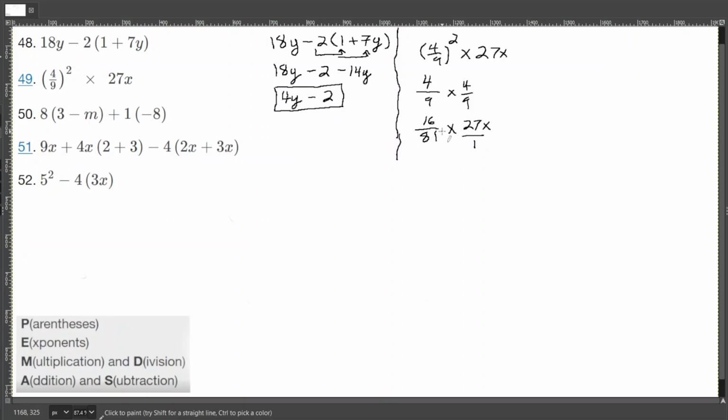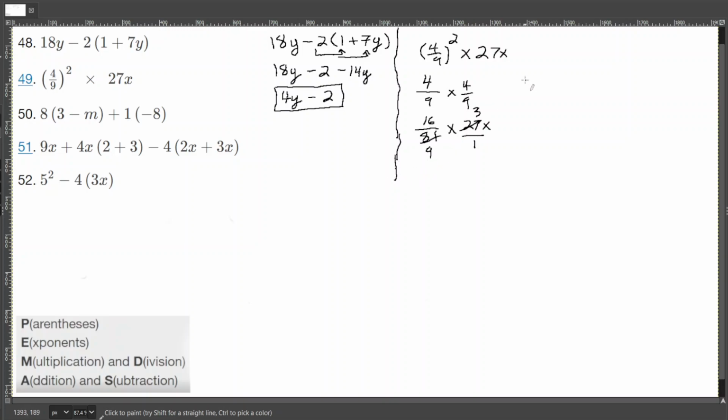So there's some cool numerology that happens there. But anyway, so how many 9's will fit into 27? 3 of them, right? So that'll be 3x on this side, and then how many 9's fit into 81? 9 of them.